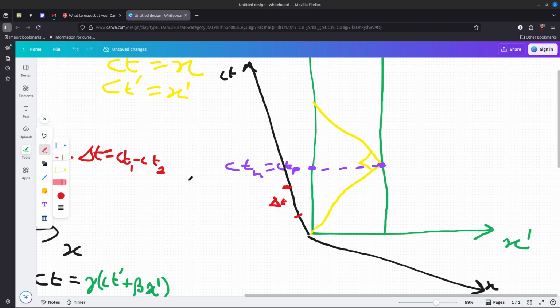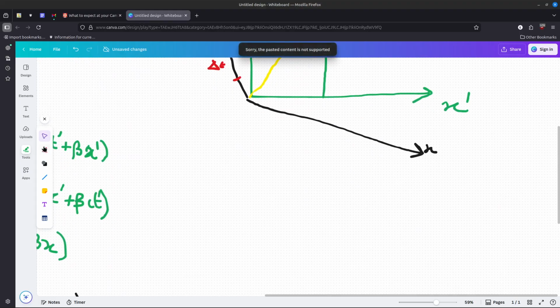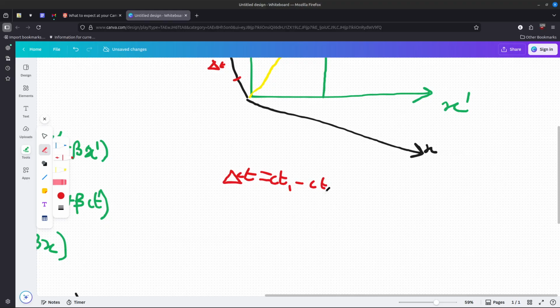So, if we take delta t equals, actually a delta ct equals ct1 minus ct2.